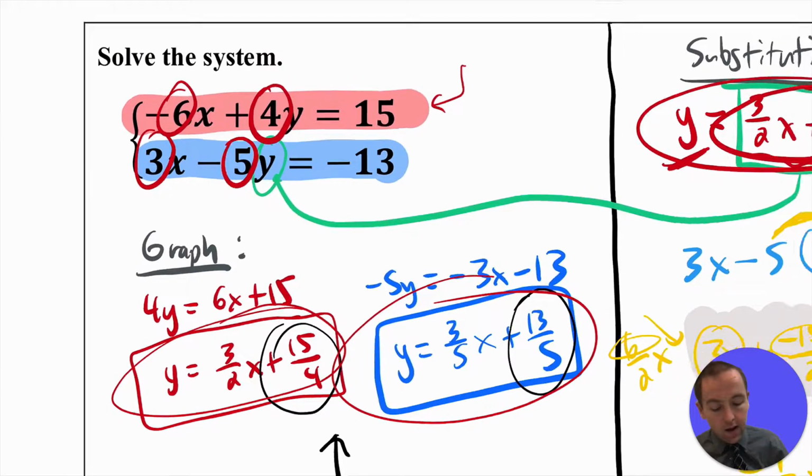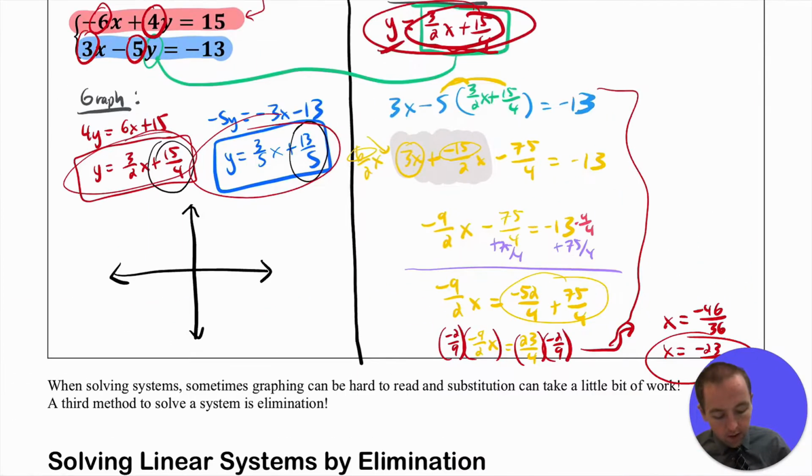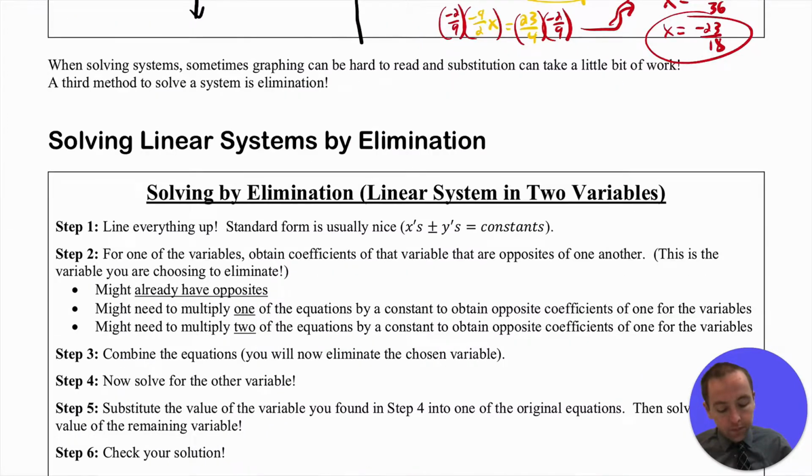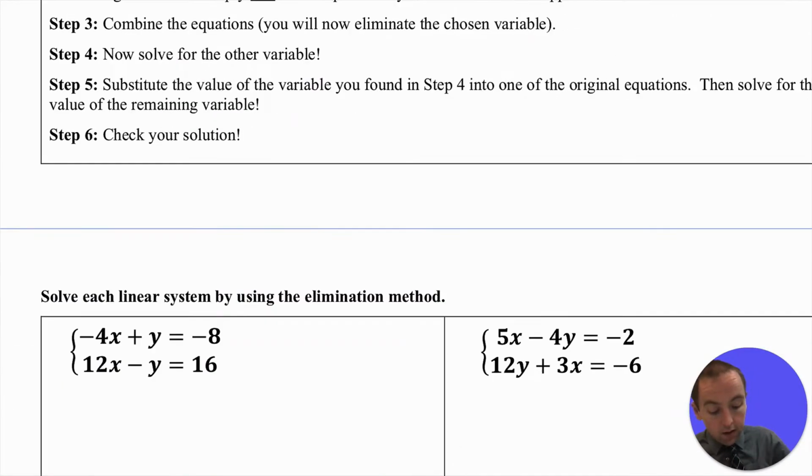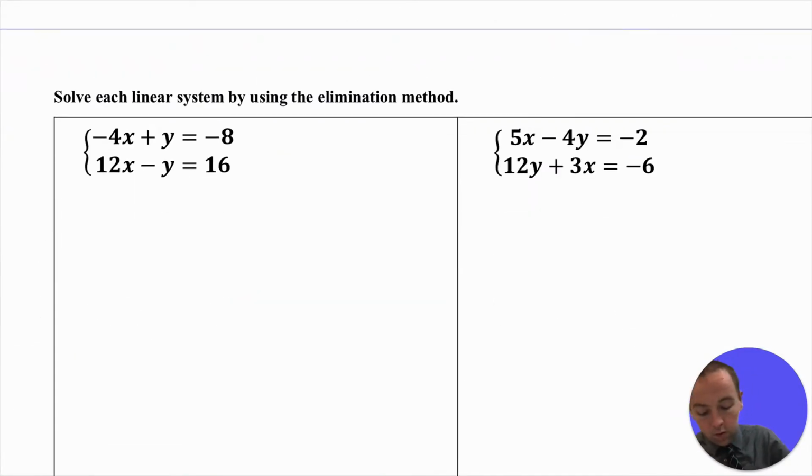So what we can do to try to avoid some of that messiness is another algebraic method, which is solving by the elimination method. I've typed up steps right there that you can use to follow and read through. I'm just going to give those steps as I solve via example.